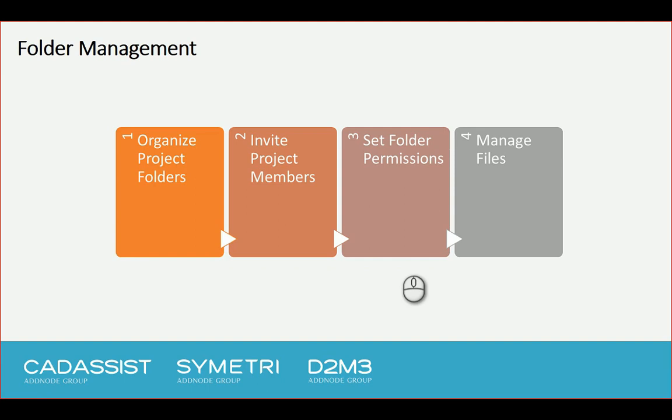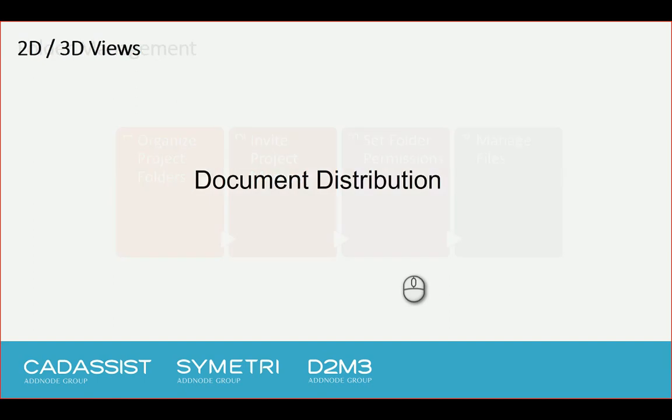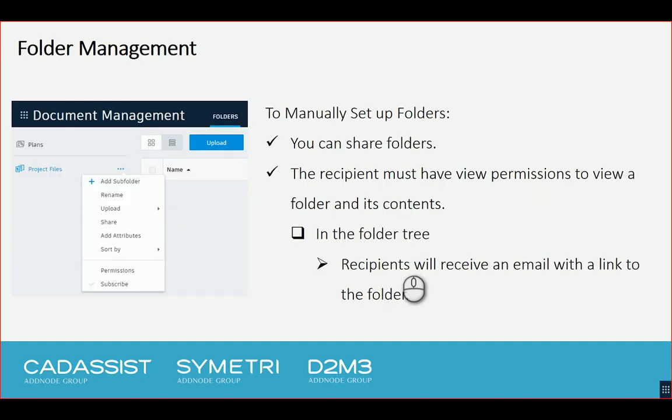However, if you don't want the client maybe, or the contractor or someone to be viewing your models, you just simply do not add them to that project file or to that particular project folder. And then you just manage your files. So looking at document distribution, to manually set up your files, we're just going to be going in and adding subfolders.